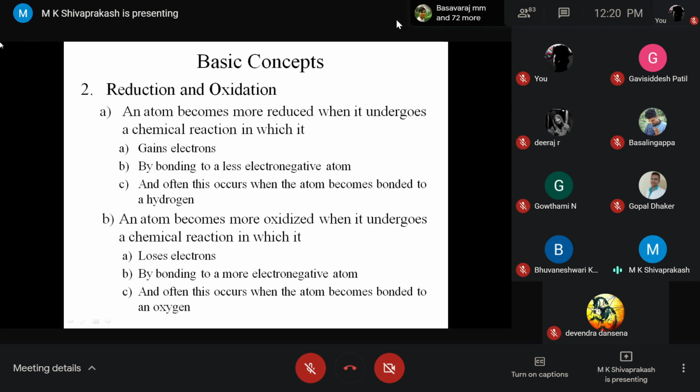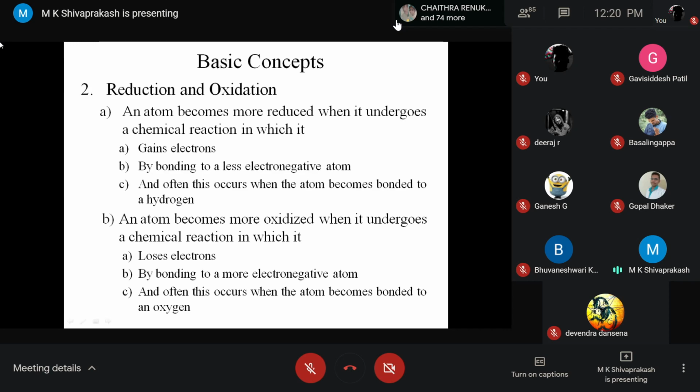Of course, as I have told you, the basic concept in all these reactions is the oxidoreductive reaction. So in all these reactions, reduction and oxidation occur. The chemicals involved here are oxidoreductive chemicals, which can exist both in oxidized or reduced state. Because of that, they can act as electron carriers or vectors.